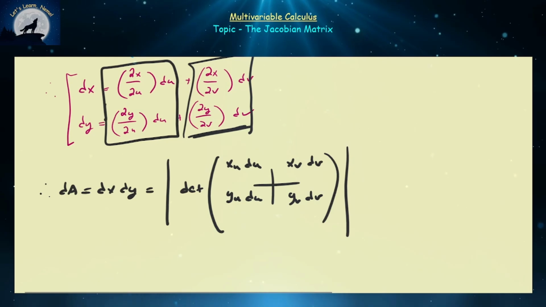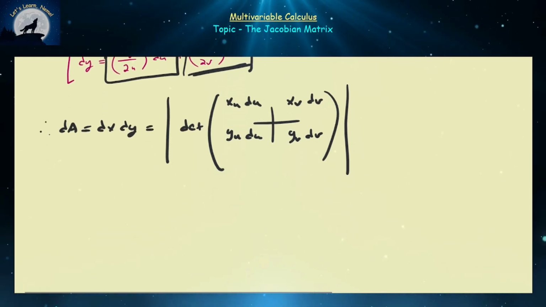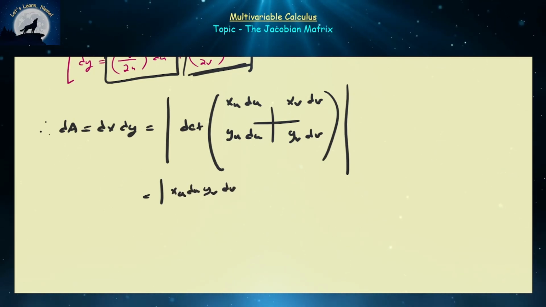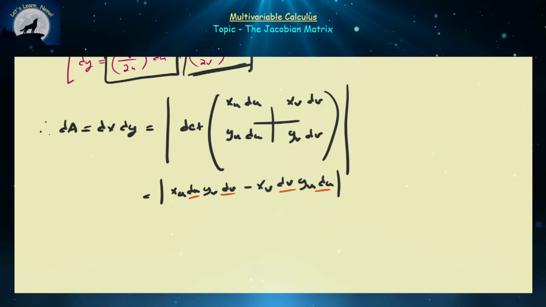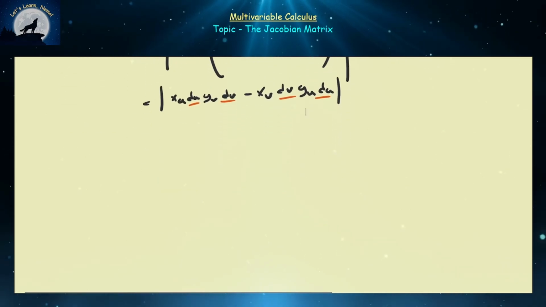So here we have this 2x2 determinant, and we can use our typical rules. That's going to be the absolute value of xu du yv dv, and keep in mind, x subscript u is the partial derivative of x with respect to u, minus xv dv yu du. Notice that we have a couple common terms, du dv and dv du, so we can factor that out.